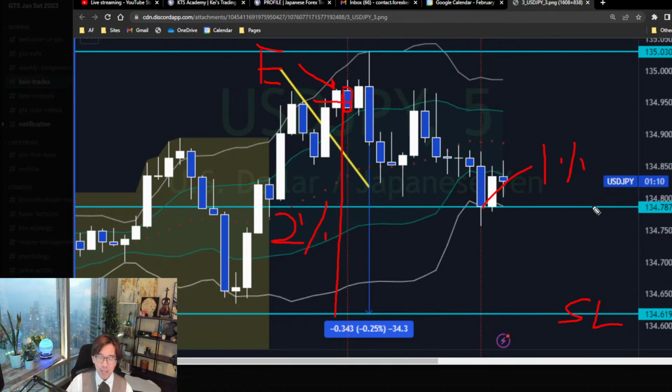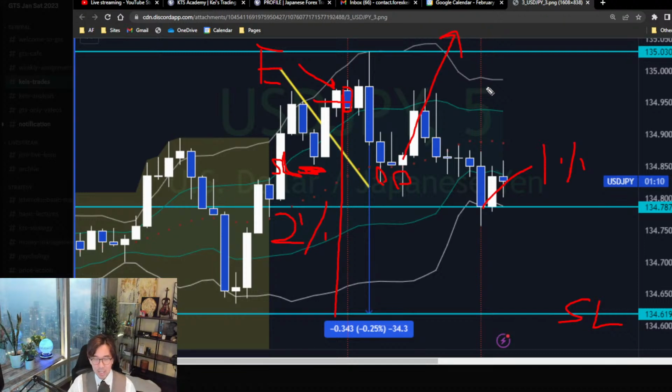So you may ask, why do you put the stop loss here? Why didn't you put the stop loss here if you exit on the close? And the reason is because if I put the stop loss here, then due to these wicks, the stop loss may be hunted and the market may go up without my position.